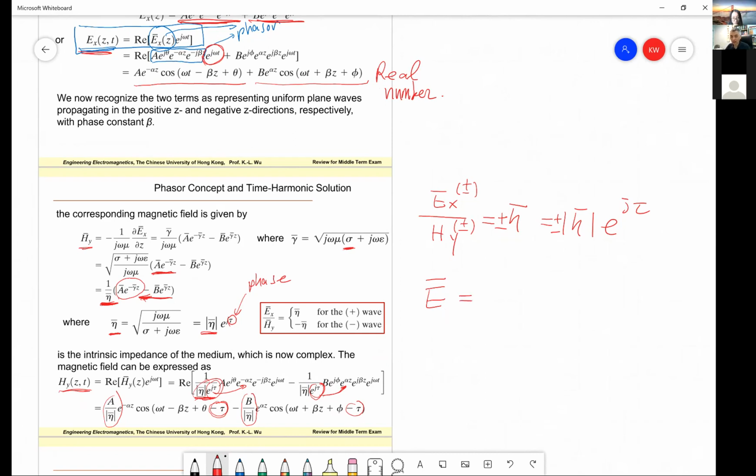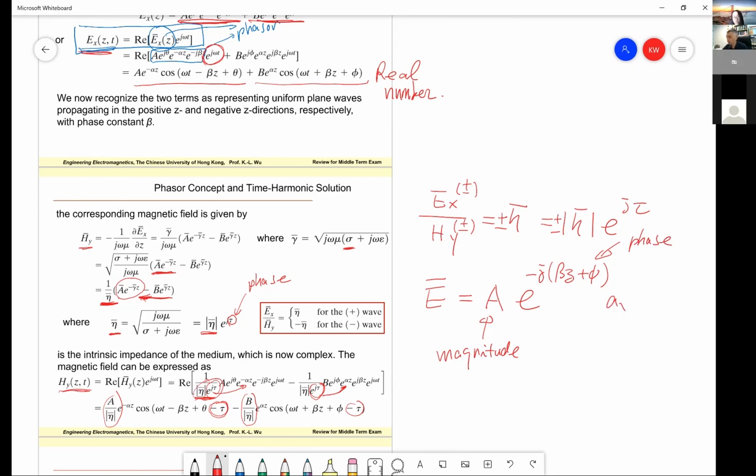In the phasor, we have a magnitude, we have a phase, and then we have a polarization. So we have these three things.